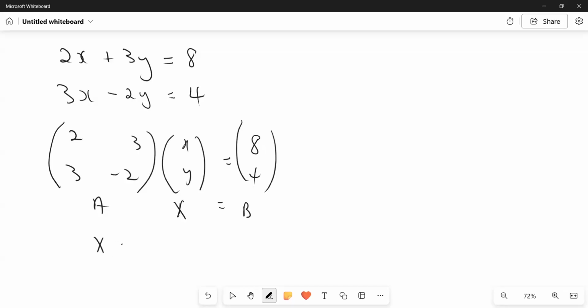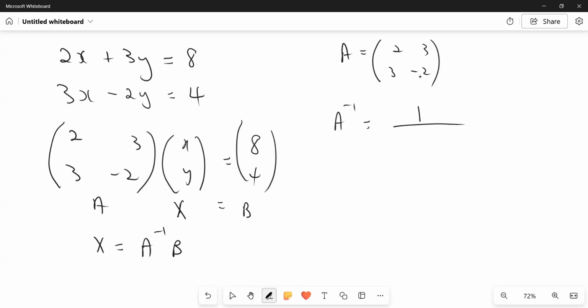So we know that X is equal to A inverse times B. So we need to find the inverse of this. So A is [2, 3; 3, -2]. A inverse would be equal to 1 over 2 by minus 2 minus 3 by 3, which is 9. And then we switch around these two, change the sign of these two.